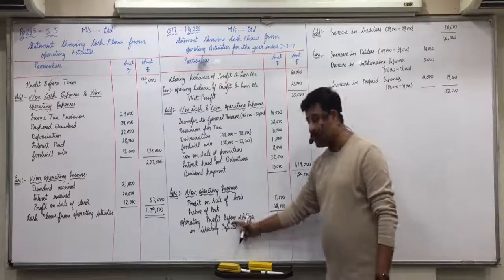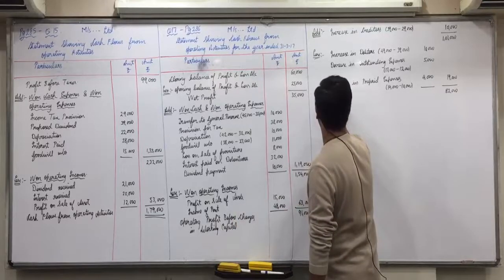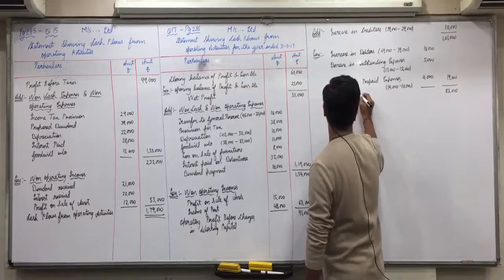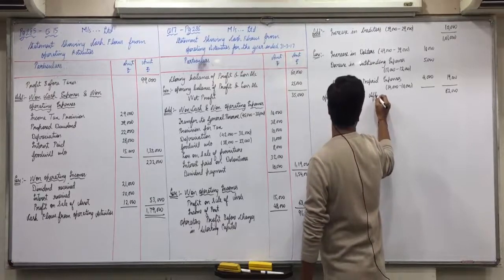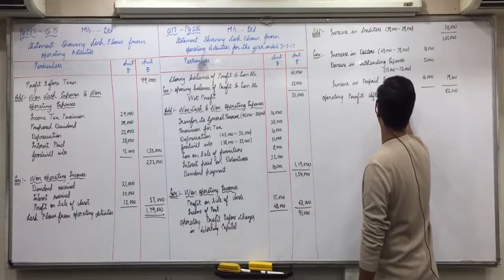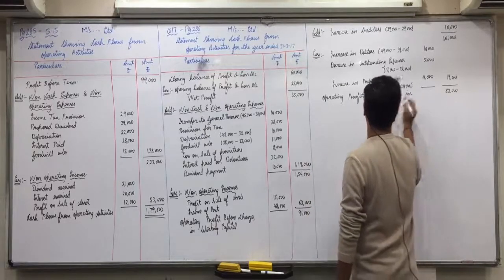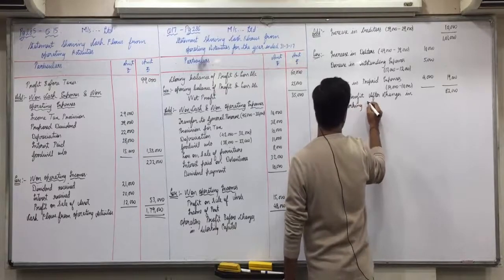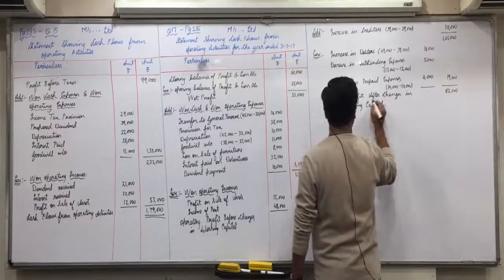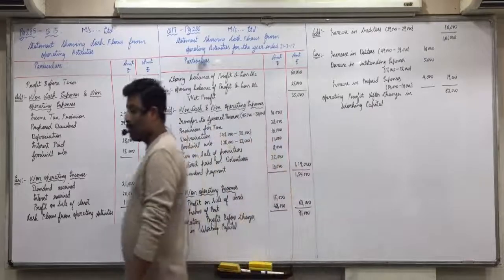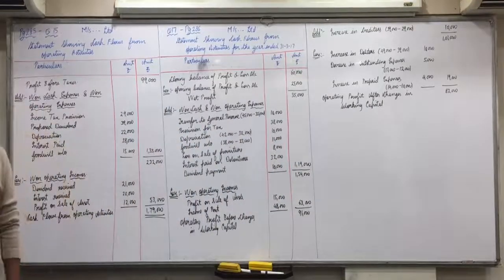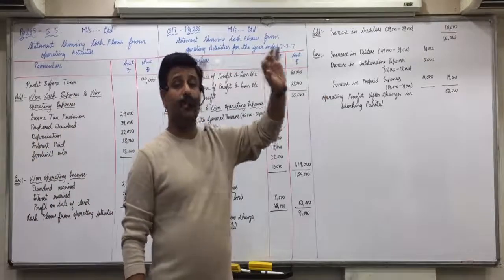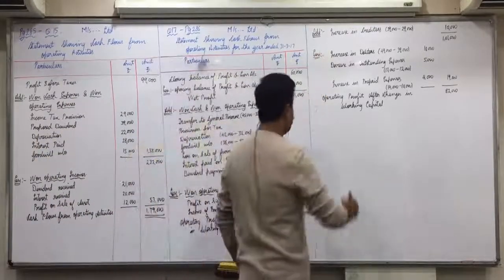This was before, now after. Operating profit after changes in working capital. Understood this? And after you take CA and CL items, lastly you have to minus tax paid.